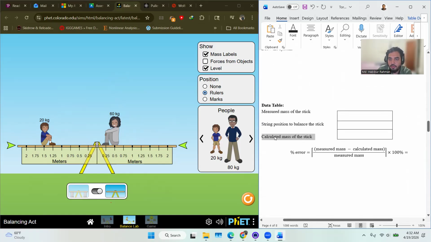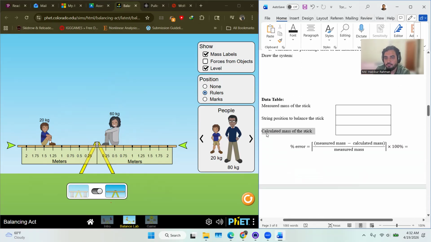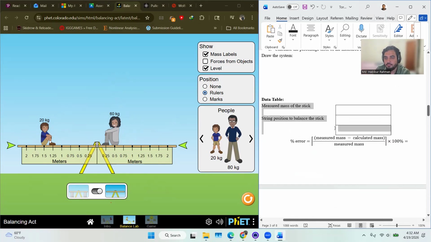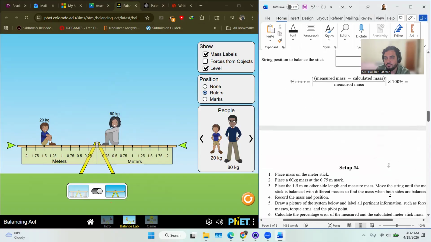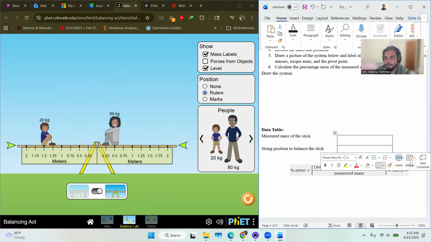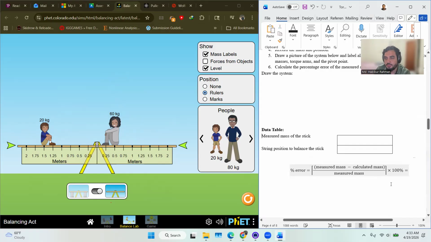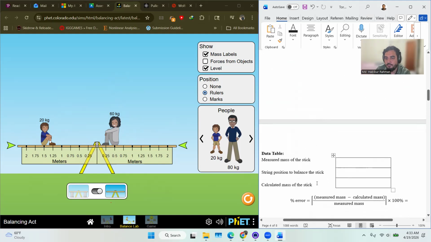I will delete that part. Okay. Delete. Oh, we don't know the stick mass.